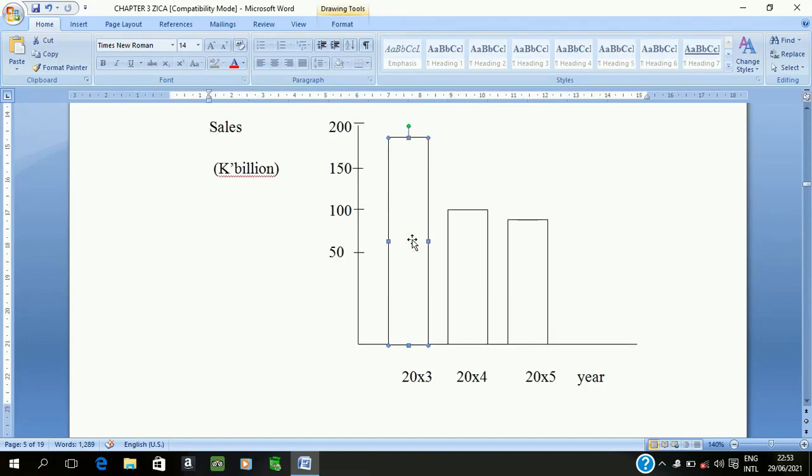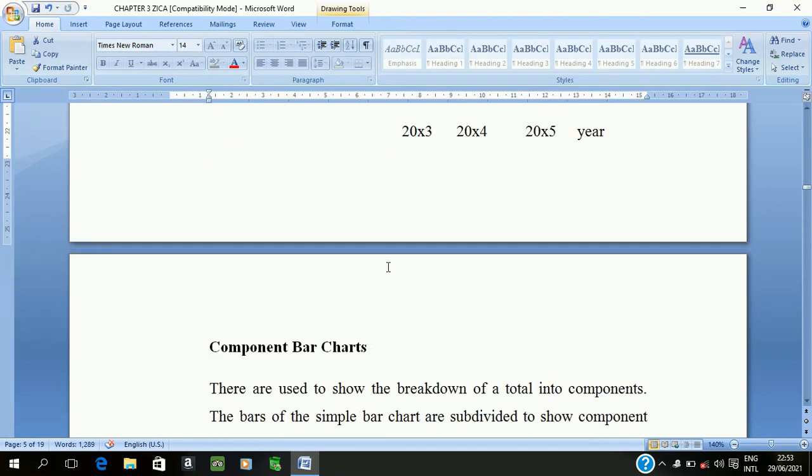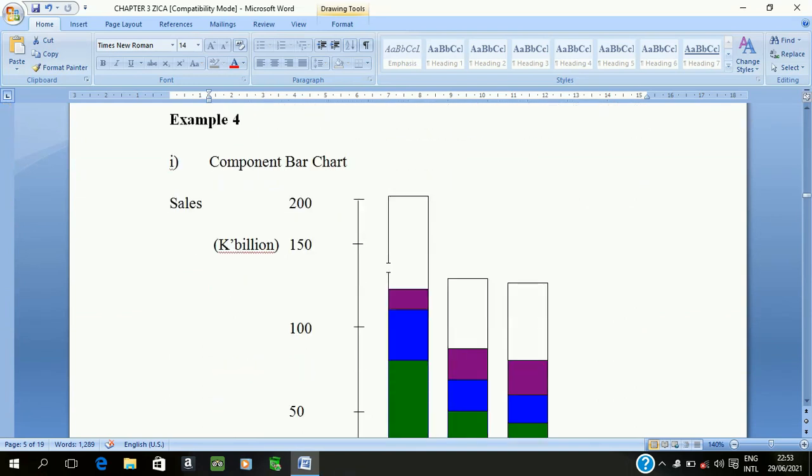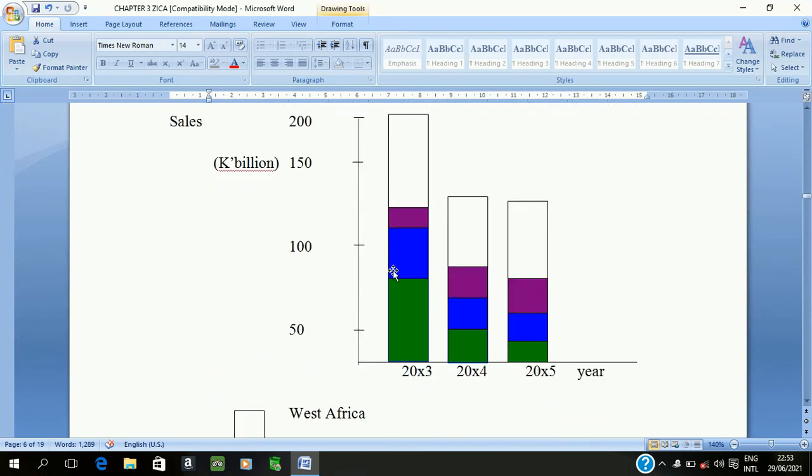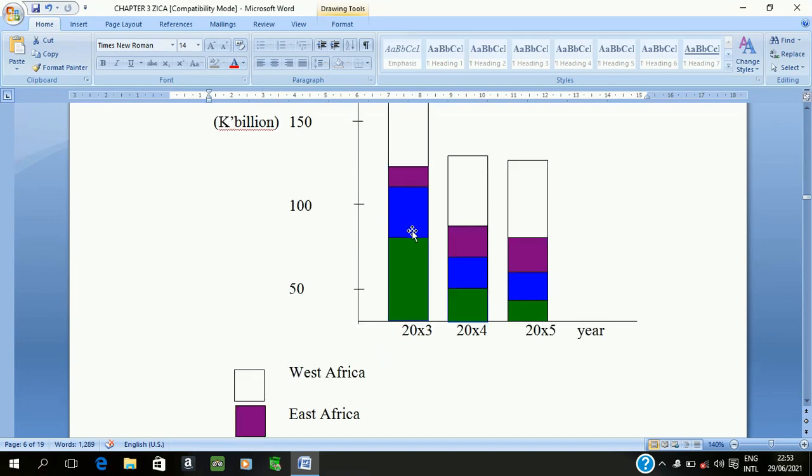If we are talking about a company probably that is selling 3 different products, you would love to know how much of these sales can be accredited to a particular product. This is where now component bar chart comes in, because in a component bar chart, you divide or break down that total sales into components as shown in the graph that we are looking at here.